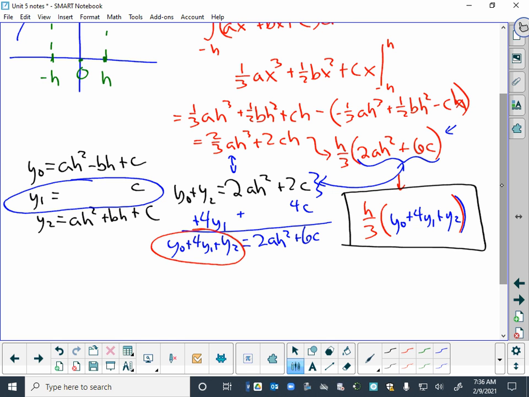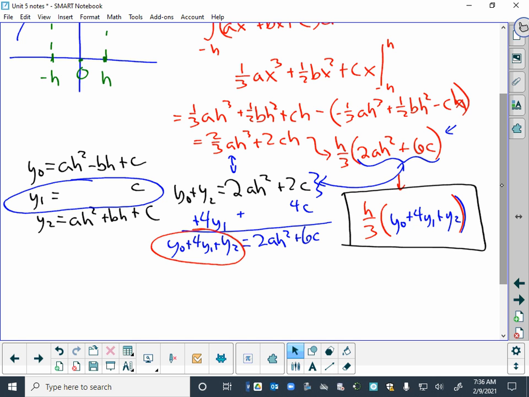But all I need to know for this is the size of the gap and the y values of the 3 consecutive points. So this formula that's in the black square here figures out what the equation of the parabola is, does the definite integral of it from negative h to h, and gives us the answer, does the capital F of B minus capital F of A for us, and all of that in a single step.